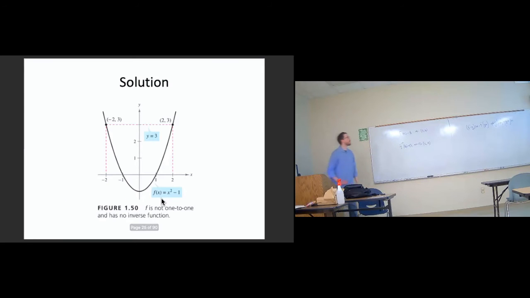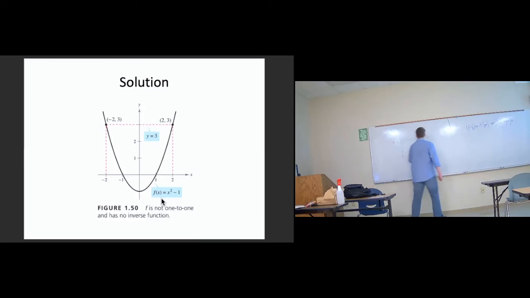And the reason why is because there are two different y values that have unique x values, right? So we're going to reflect that, the reflection of this graph across the line y equal to x.